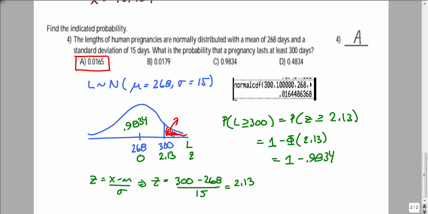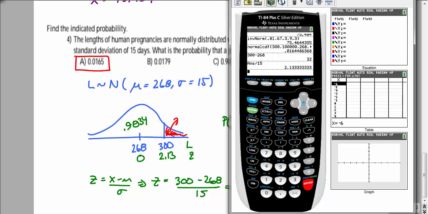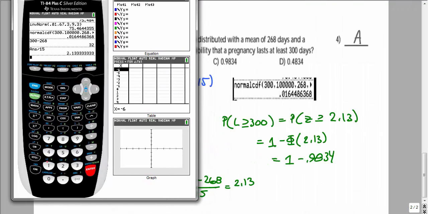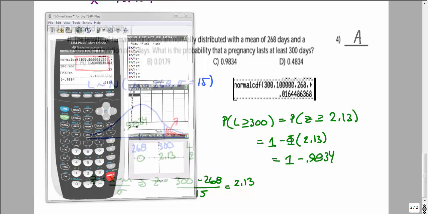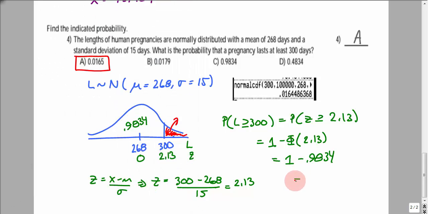And when I subtract 1 minus 0.9834, I get 0.0166. And you can see that this is very close to this value as well. So again, on the directions, you probably won't find the exact value, but you'll find the closest value.